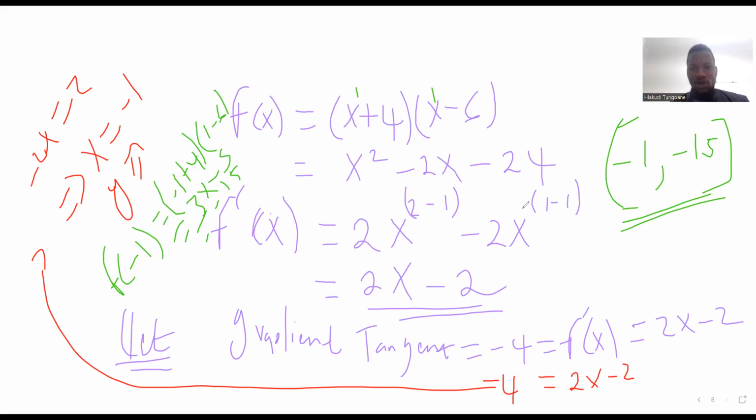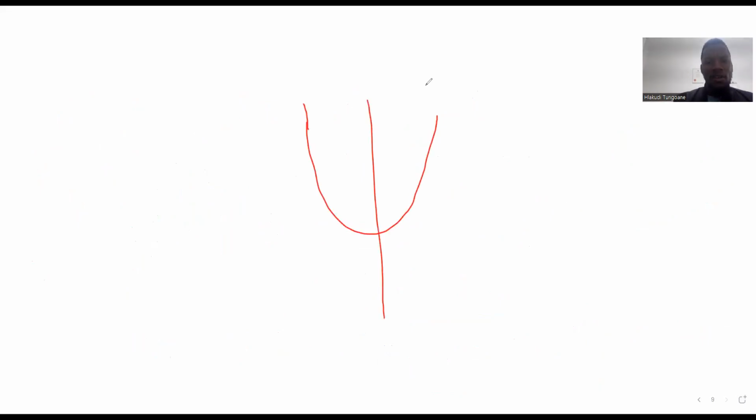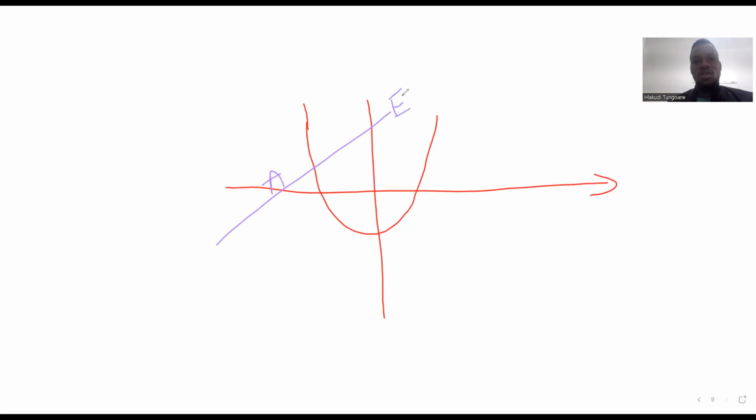Okay, so let's go back to the question. Remember you had your function f of x, and then you had the line AE, somewhere there, right? I'm not drawing this perfectly as it was before.